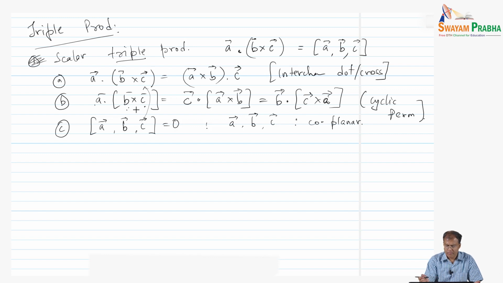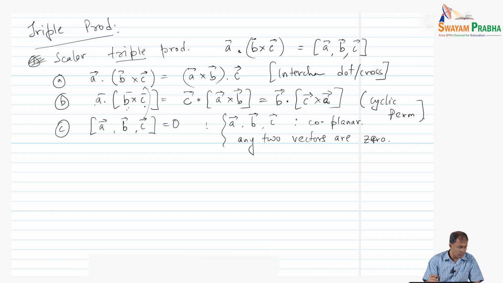So that is the whole idea. So if A, B, C are coplanar, or any two vectors are 0.